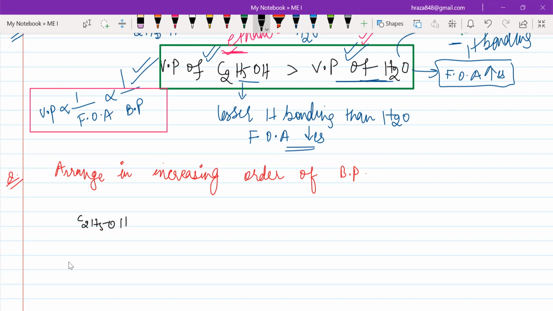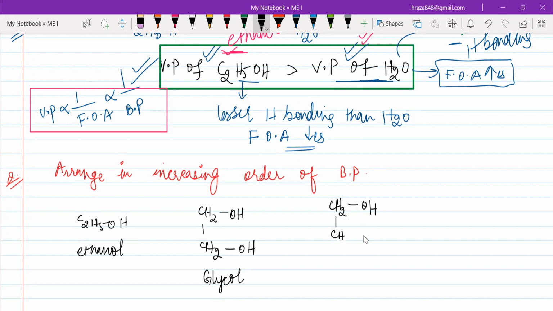C2H5OH is there. This is your ethanol. Then comes CH2OH, CH2OH, this is your glycol. Then comes CH2OH, CHOH, and CH2OH. Glycerol.